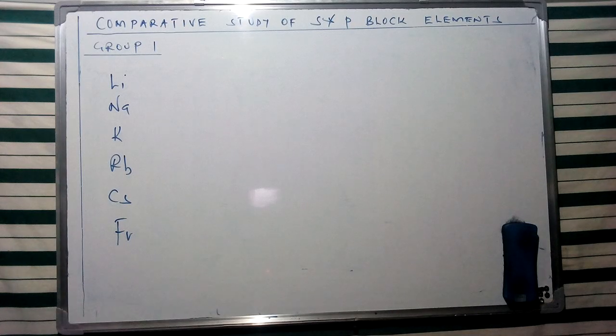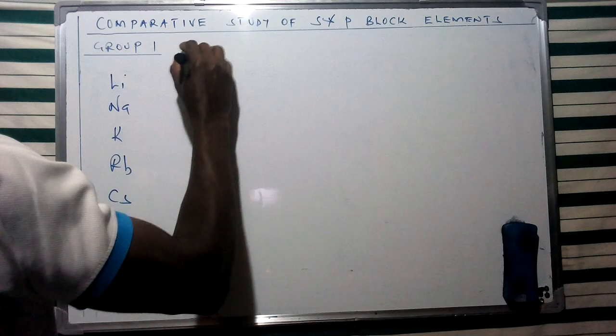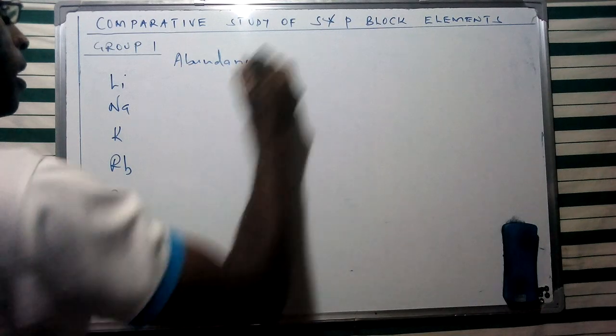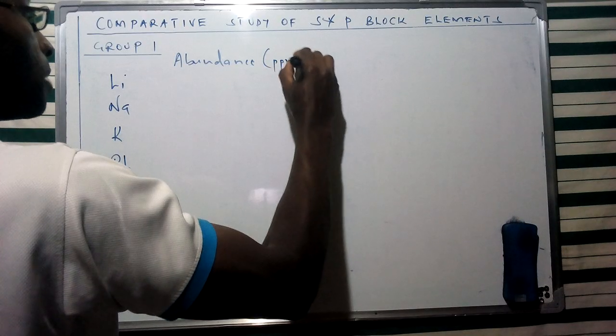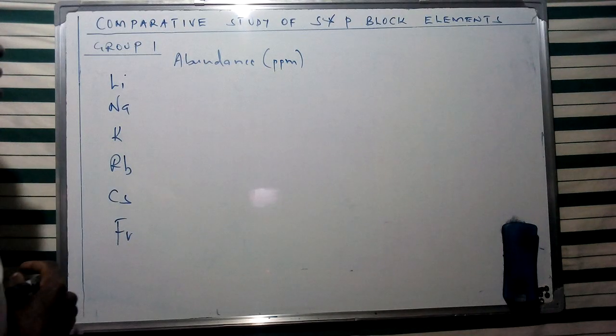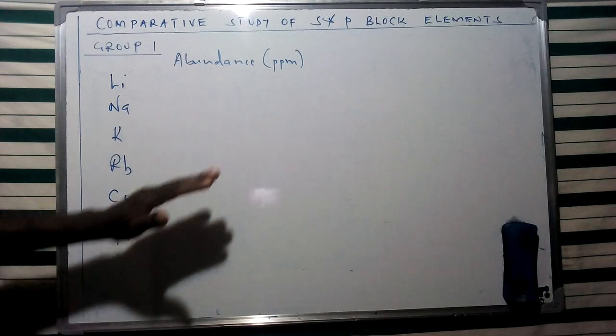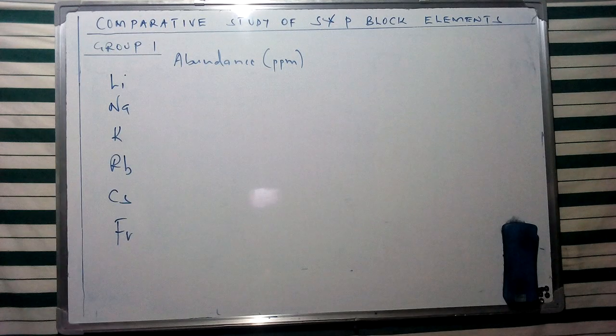In this specific case, in terms of abundance, we're going to look at this from the aspect of parts per million. And of course, we are going to compare the abundance with respect to some of the other elements that we're going to come across in the entire periodic table.